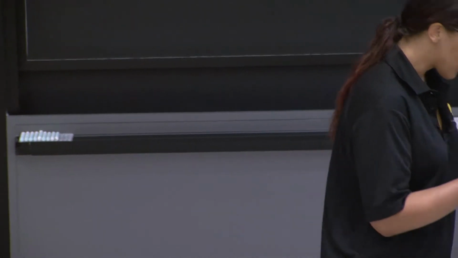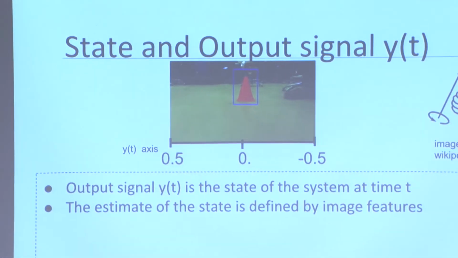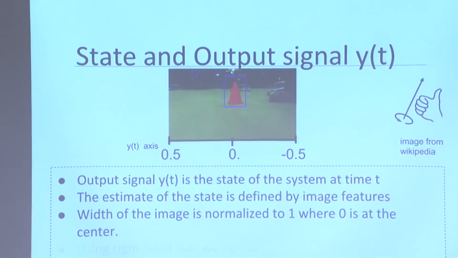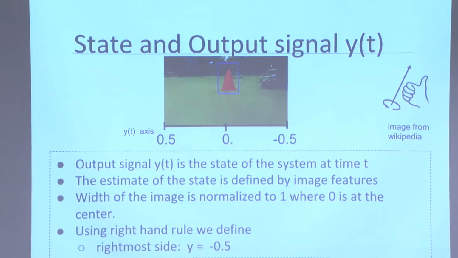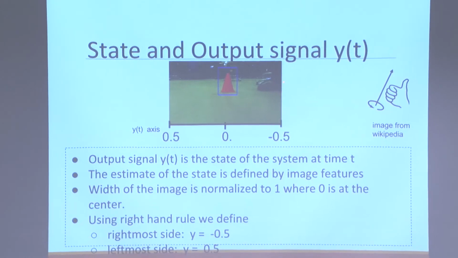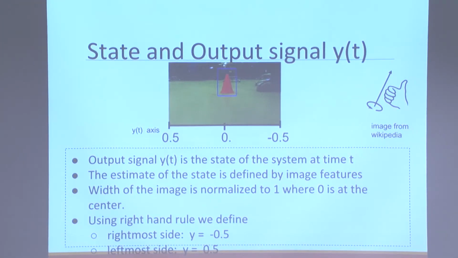I am going to work from here on developing what y of t is. So y of t is going to be where is the actual cone within this coordinate frame I just defined. So the rightmost side, if I detect the cone right here, on this side, it's going to be -0.5.